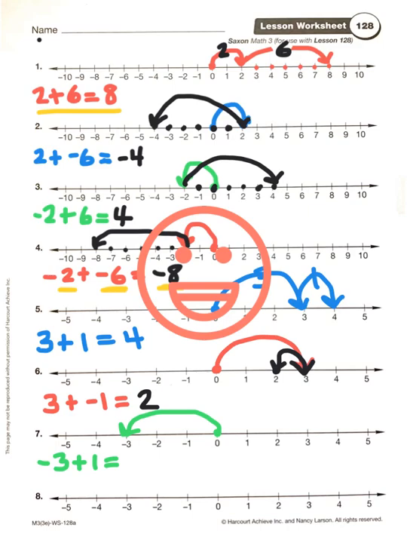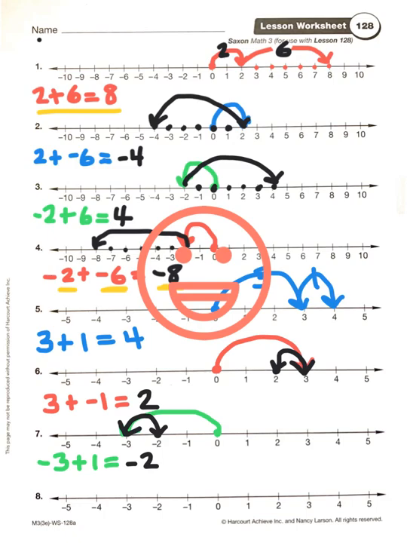Well, +1 means we've got to go up on the number line. So we start from our arrow where we left off and we go up 1 unit or 1 segment. Then we draw our arc from the arrow. And there we land on -2. And there's our answer.